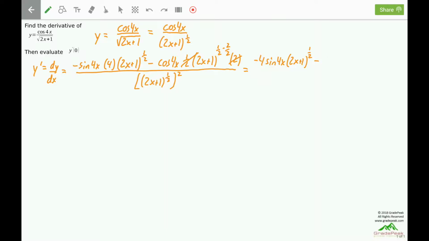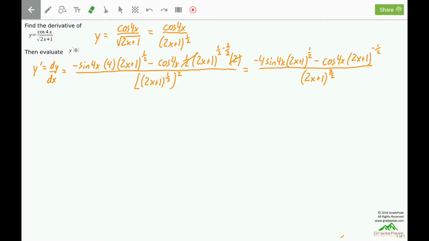So I will have just a cosine of 4x times a 2x plus 1 to the 1 minus 2, negative 1/2 power. And then all of this will be divided by 2x plus 1 to the 1/2 times 2.